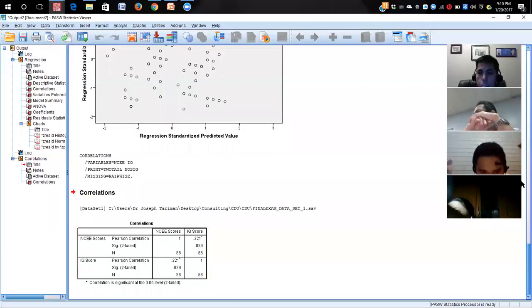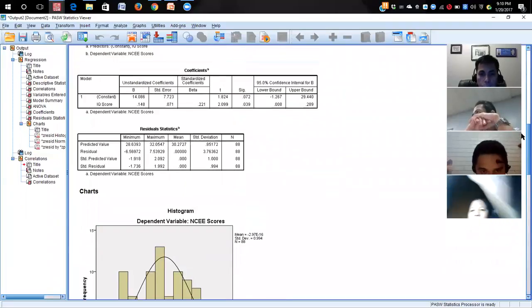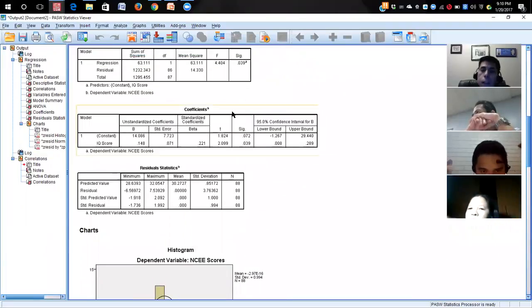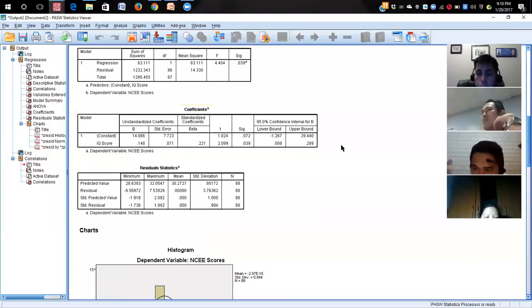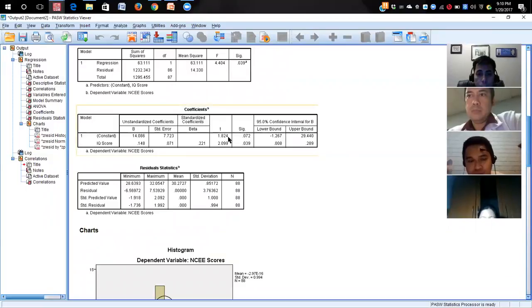So let's continue again. The most important part of regression are the coefficients, because this is what we're going to report in our final paper that we're going to submit to the journal. What the reviewer is going to be interested in is the coefficients in your linear regression analysis. So what this tells you is that it's statistically significant.